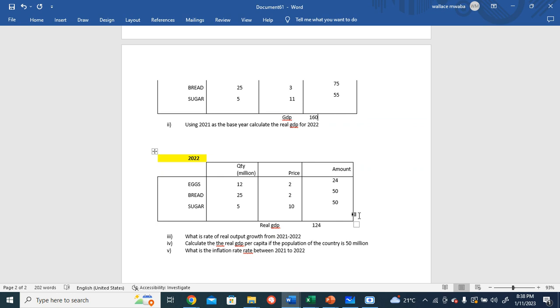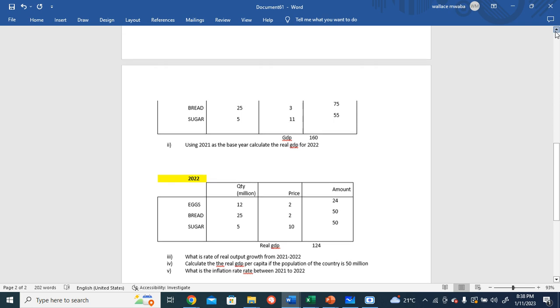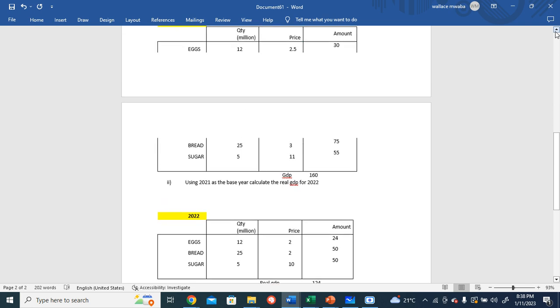So that's the purpose of real GDP, because increases in prices can give you a bigger number and you might think the country is doing well, but that increase can just be because of an increase in price. The country may not even be doing well.